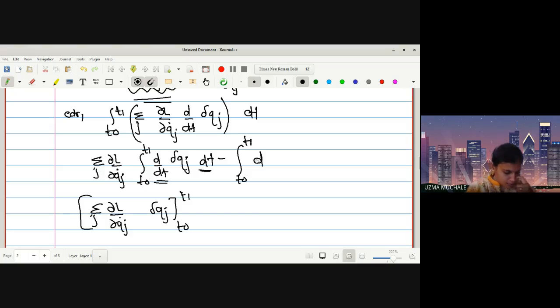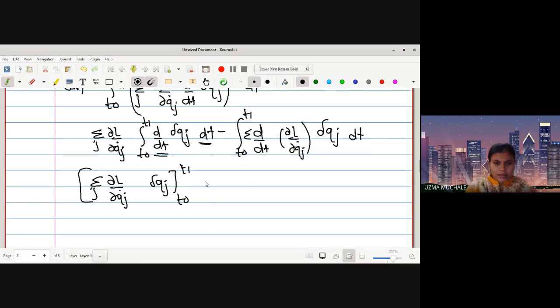Let me take this summation outside: d by dt of dou L by dou Qj dot into delta Qj, and integration with respect to t, minus the integration T0 to T1, summation over j, d by dt of dou L by dou Qj dot, delta Qj dt.